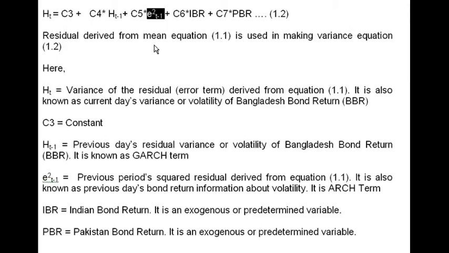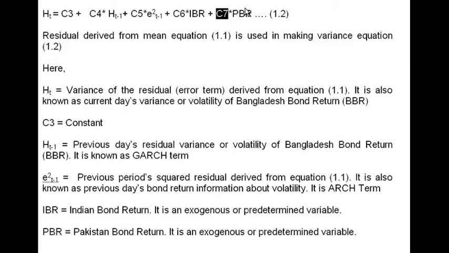And we can see some more variables such as IBR and another one PBR, and C6 is the coefficient of IBR and C7 is the coefficient of PBR. Okay, what is IBR?